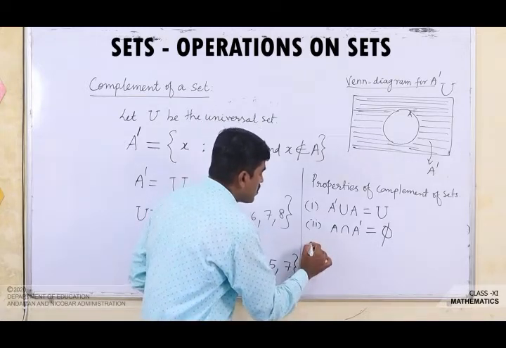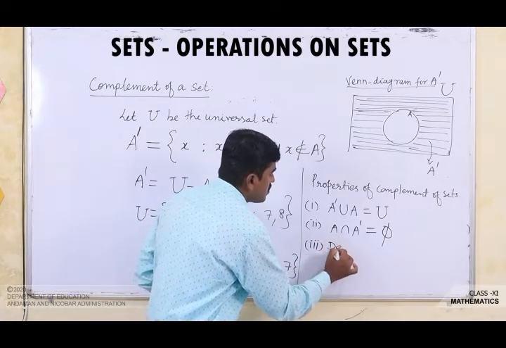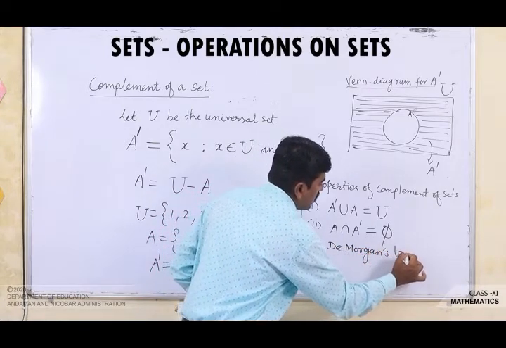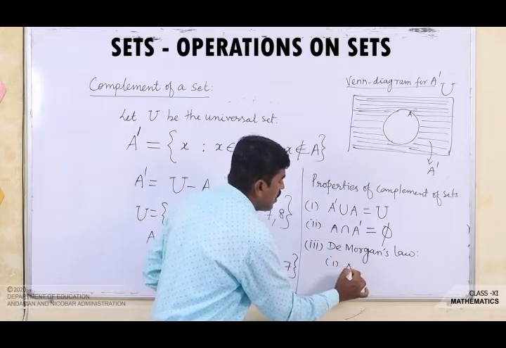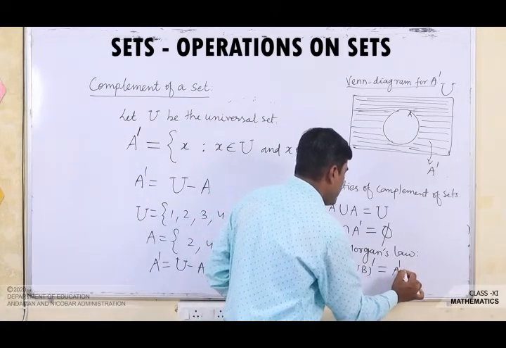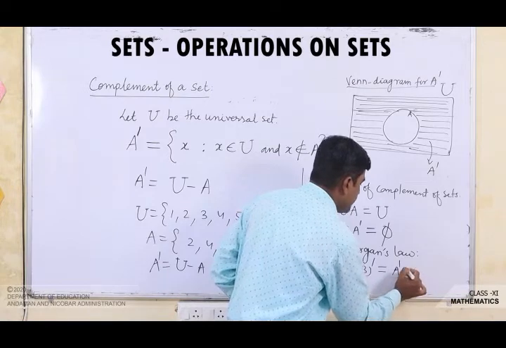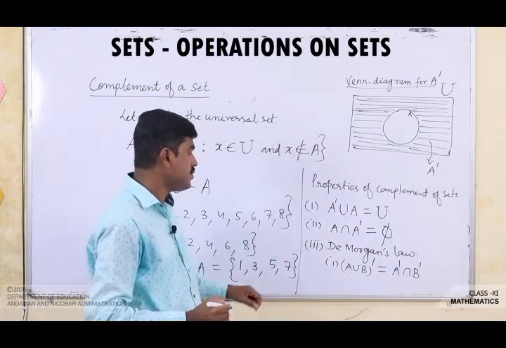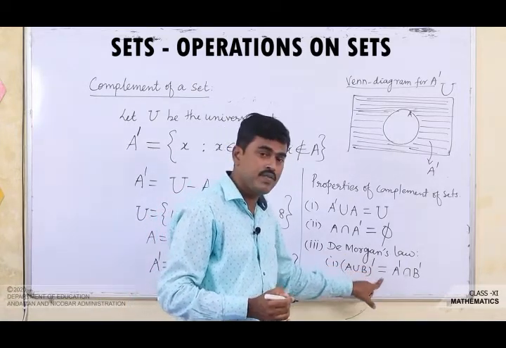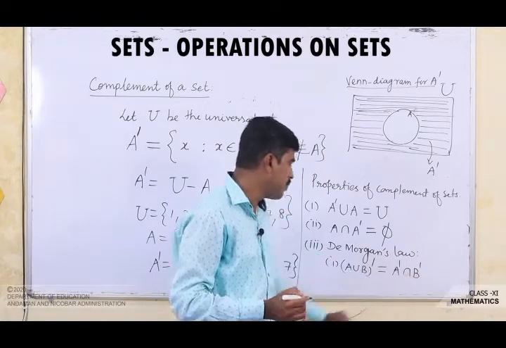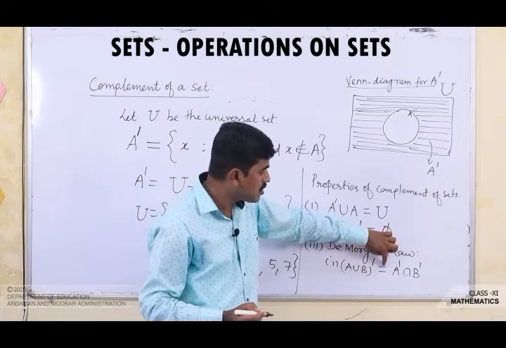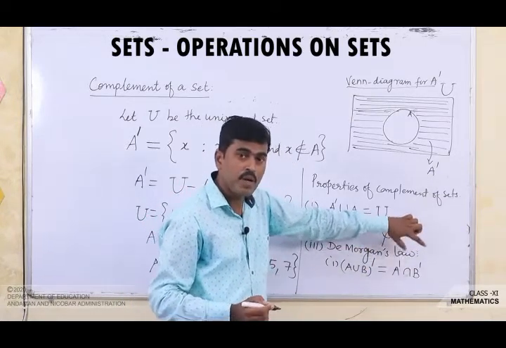Okay. Now let's see the important properties, that is De Morgan's law. Number one is (A union B) whole complement is equal to A complement intersection B complement. That means the complement of the union of two sets is equal to the intersection of their complements.